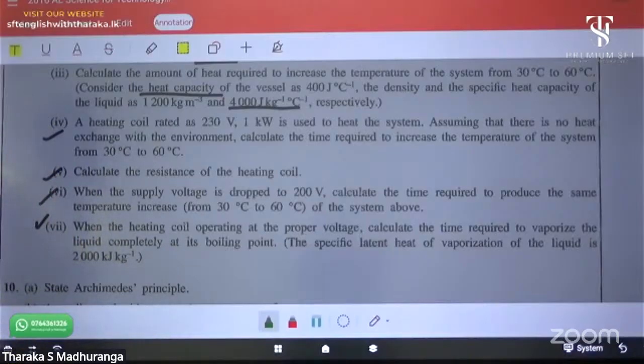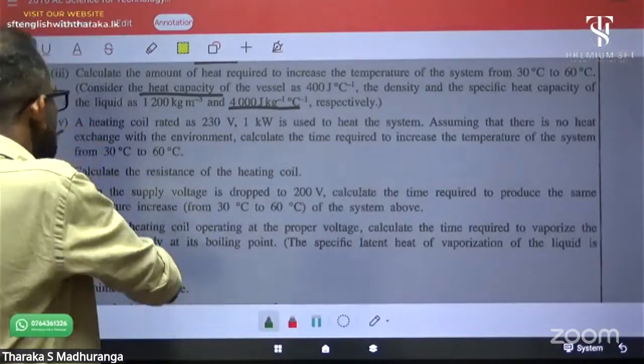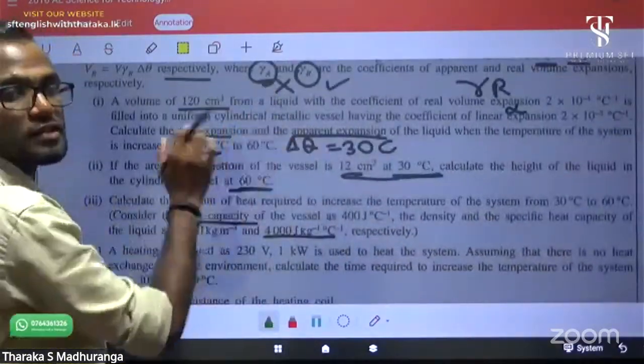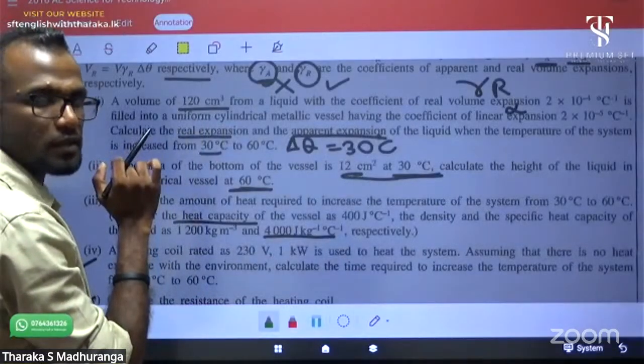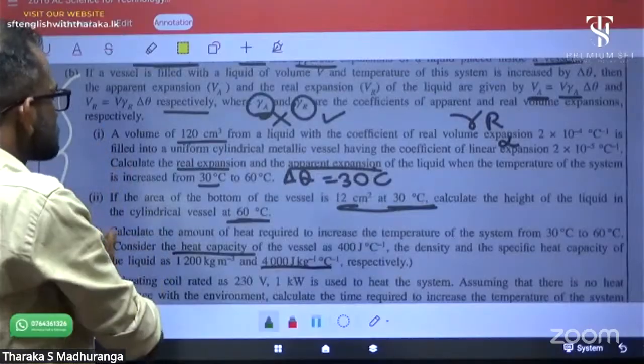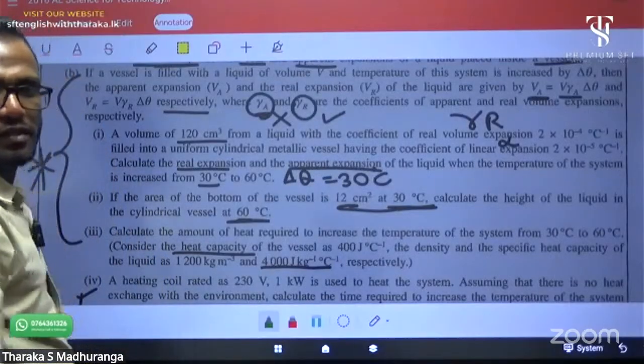Okay, electricity. Let's discuss the remaining part later. I just want to explain this expansion question especially because that's a very good question. Liquid expansion.